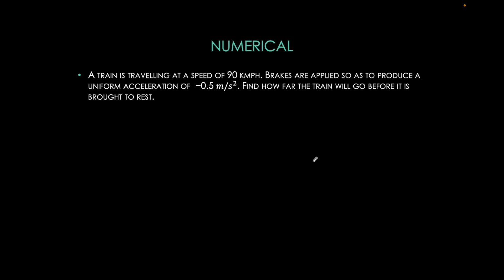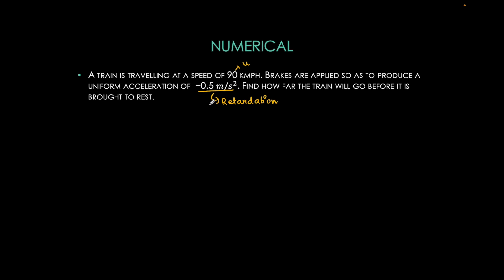Let us try to solve another numerical now. It says a train is traveling at a speed of 90 kmph, which means 90 kilometer per hour. So this is basically the initial velocity. Brakes are applied so as to produce a uniform acceleration of minus 0.5 meter per second square, which means that it is talking about retardation, because we know that negative acceleration is called retardation, right?